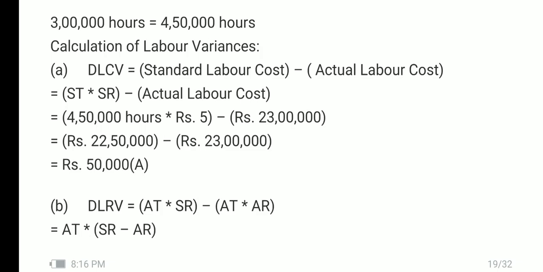So that will give us standard labor cost minus actual labor cost of 23 lakh, which is 50,000 rupees adverse. 22,50,000 standard labor cost minus 23 lakh actual labor cost, which is nothing but actual wage paid, will give us 50,000 adverse labor cost variance. Now direct labor rate variance is equal to actual time AT into standard wage rate SR minus actual wage rate AR, or we can write it in this manner: AT into (SR minus AR).